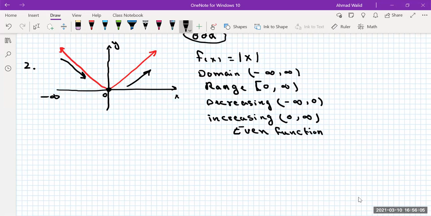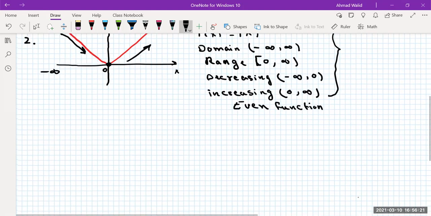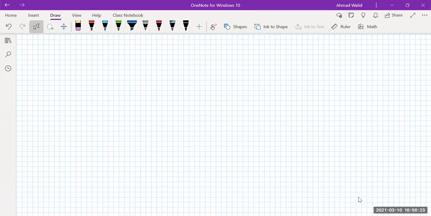I don't know if you can remember all of this information, but at least remember the shapes: the absolute value shape, the V shape, and f of x equal x, a line, correct?